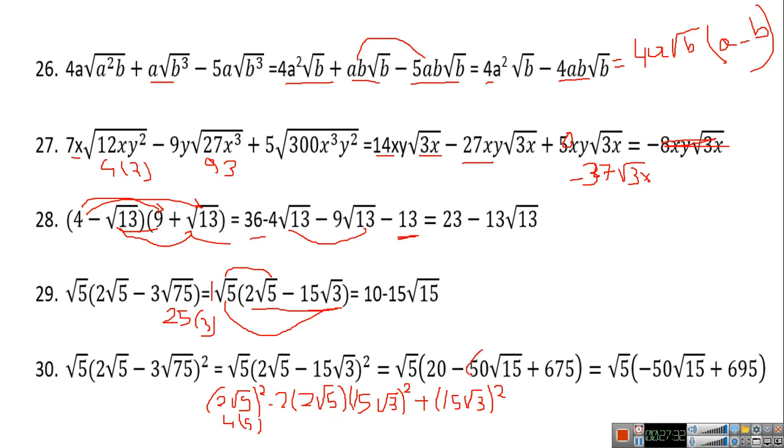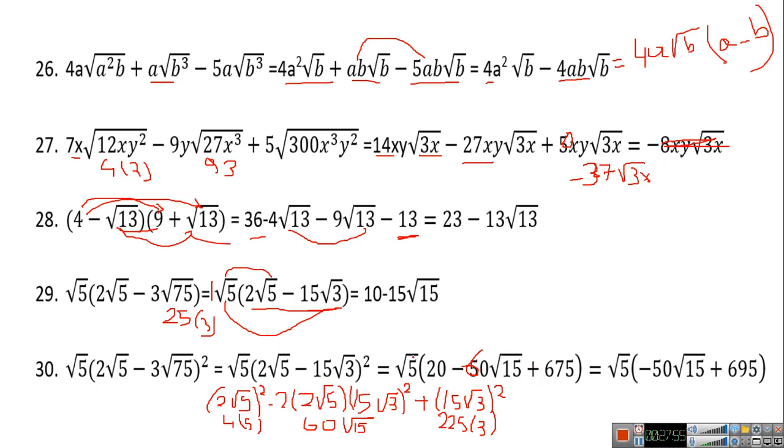This is minus 60, and root 5 inside the square root times inside the square root 15. Root 3 square is 3. So step by step you're going to get this one.